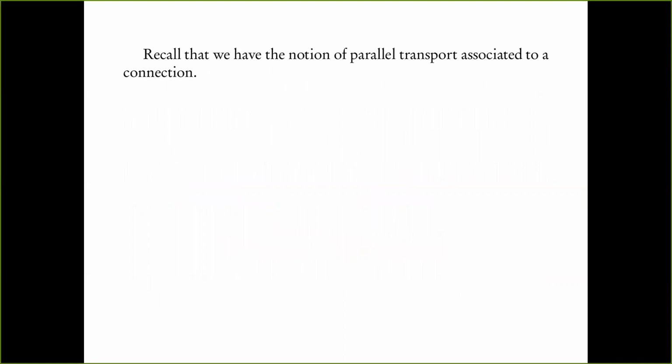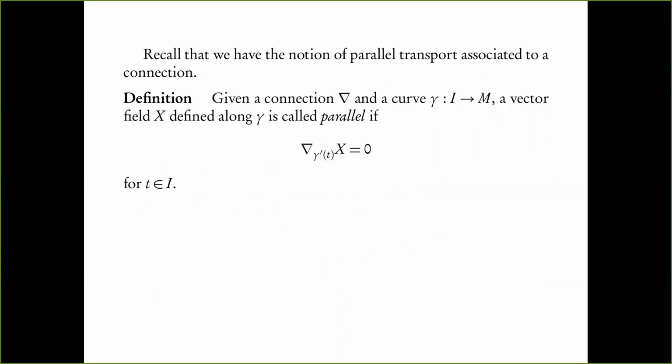Okay. So the first thing I would like to briefly review is the notion of parallel transport, and this is going to be a very short review. So remember that if you're given a connection nabla and you're given a smooth curve gamma, where I is going to stand for, let's say, any compact interval, AB or 0, 1, and a vector field X defined along gamma.